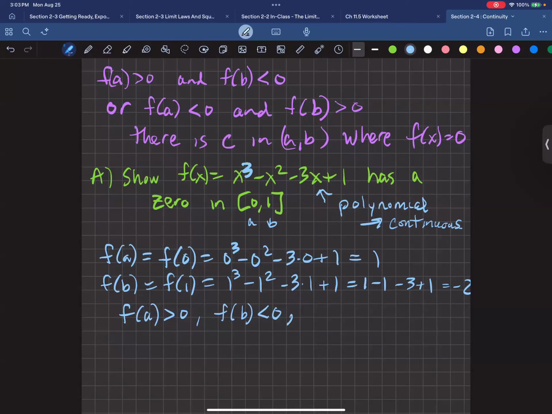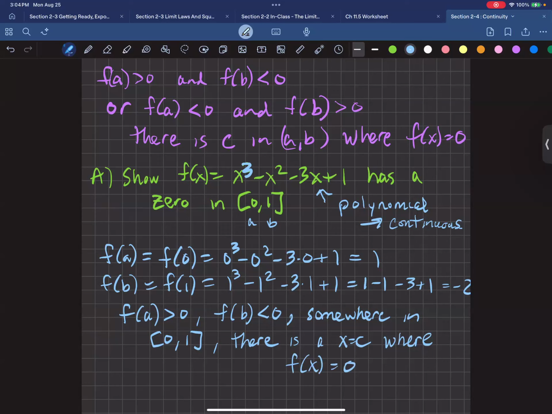That means somewhere in (0, 1), there is a C, x equals C, where f of x equals 0. It has to cross somewhere.